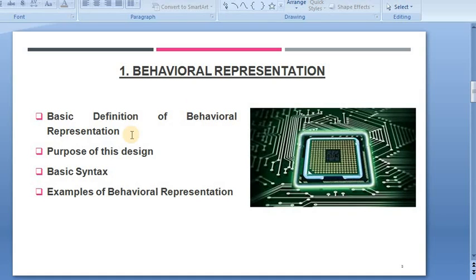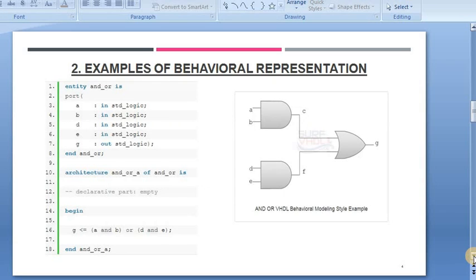These are the basic definition of behavioral design, the purpose of this design, the basic syntax, and after that we will study a few examples. So let's explore these four in detail now. Now the first question that comes to our mind is, what is behavioral representation?